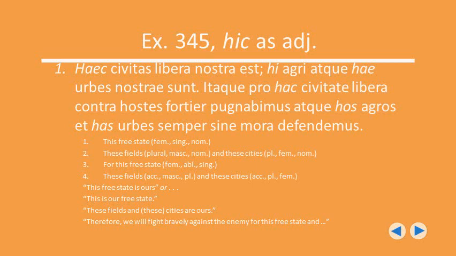So pugnabimus, we will fight, fortius, bravely, against the enemy, contra hostes, for, pro hac civitate, for this free state, and defendemus semper sine mora, we will always defend these fields and cities without delay, sine mora. Okay, so fairly simple sentences here.